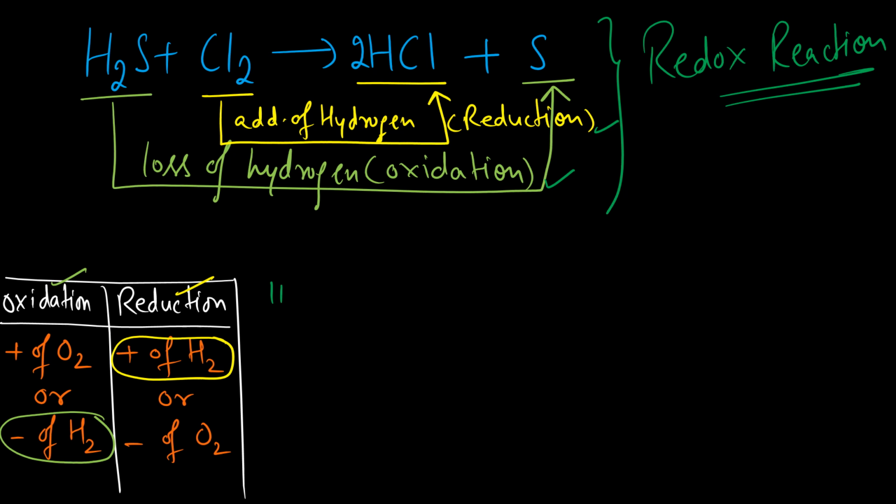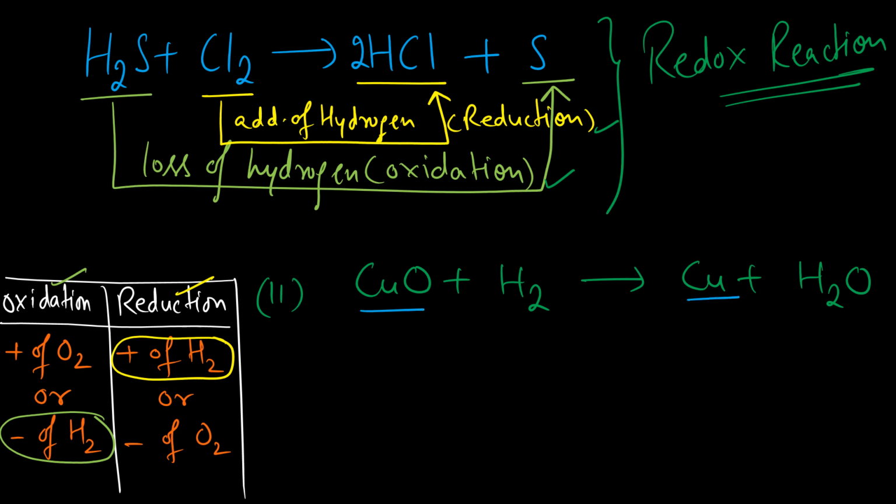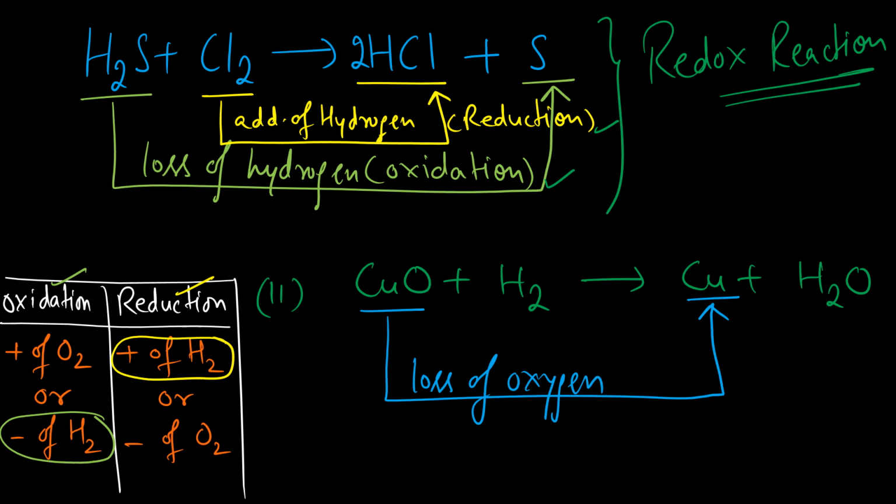If we have copper oxide and we pass hydrogen gas through it, we will get copper and a water molecule. Now in this you may see copper oxide gets changed to copper. As it changes itself to copper, it corresponds to loss of oxygen, and loss of oxygen is seen in reduction. It means it corresponds to reduction.